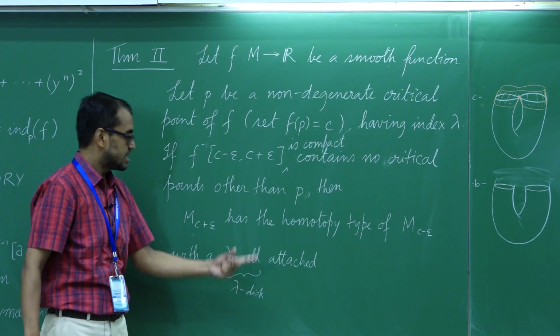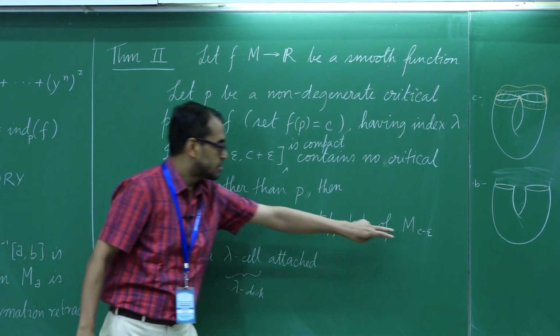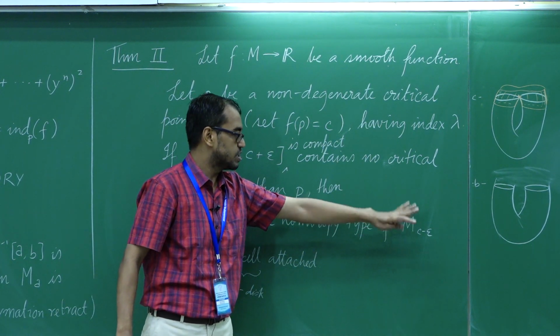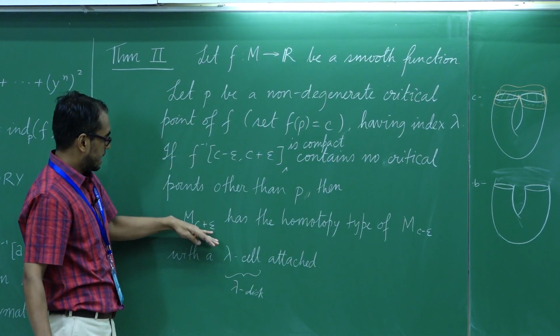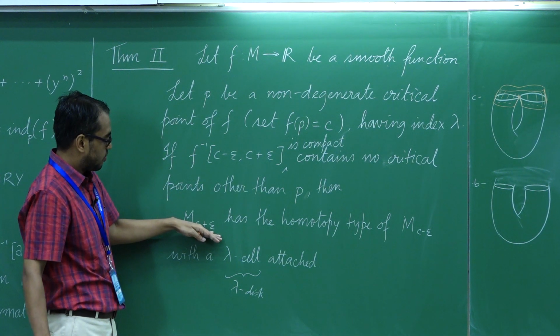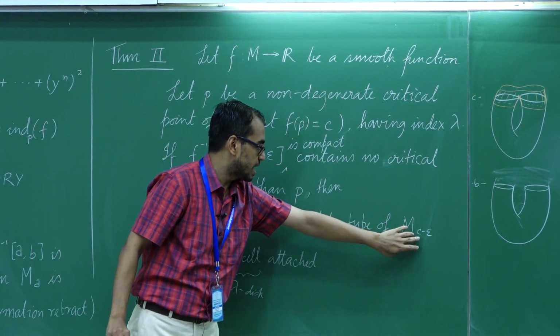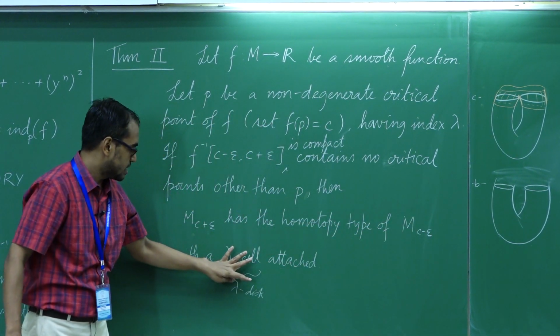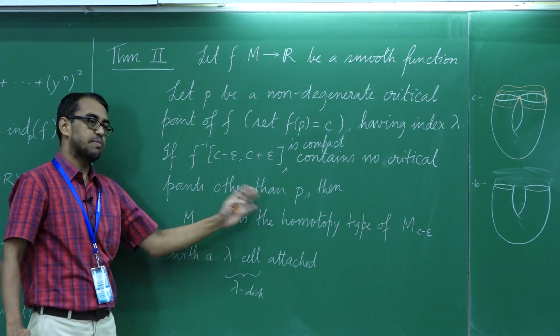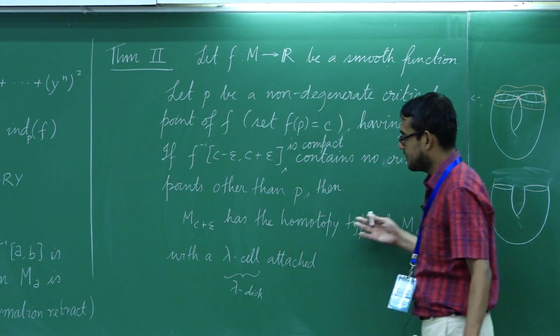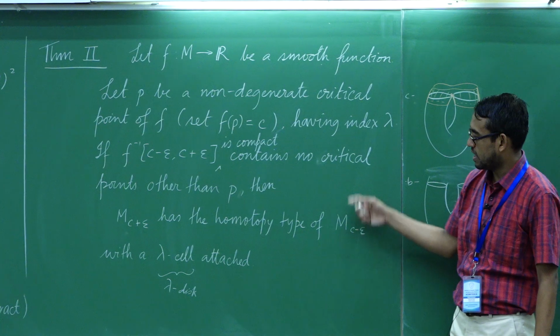You are attaching this disk by some specific map to this space. So you get a space which is not a manifold, but it turns out that this particular manifold with boundary will be homotopy equivalent to it. There should be a map from this union, this lambda disk, to this, and that map is a homotopy equivalence. So I'm not claiming that they are diffeomorphic.